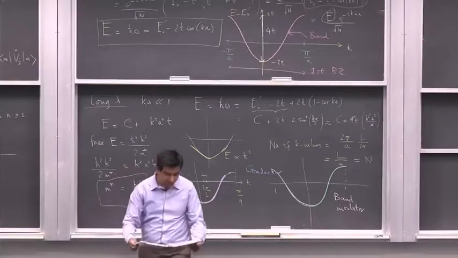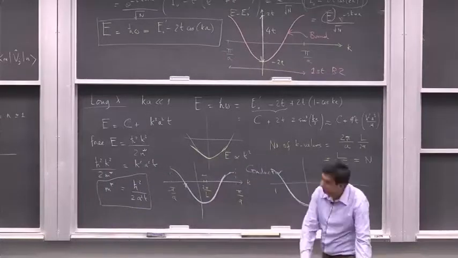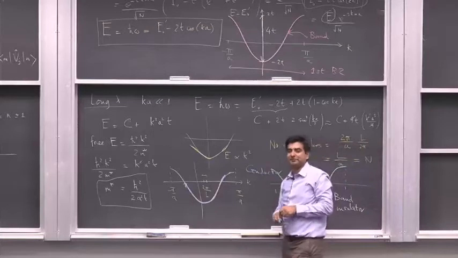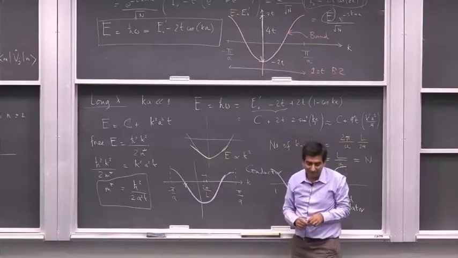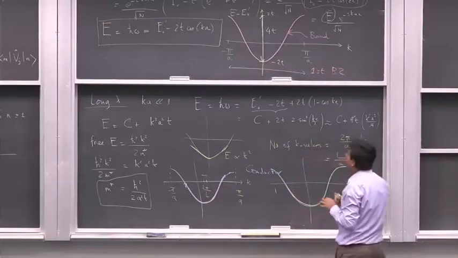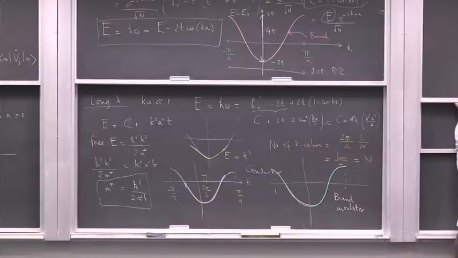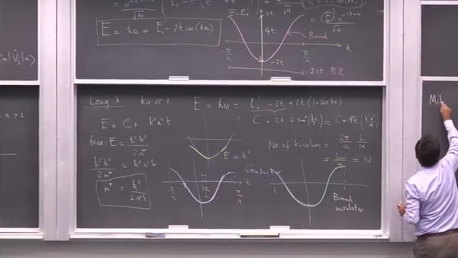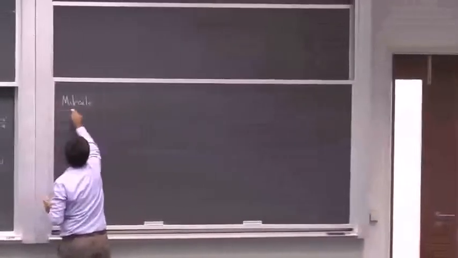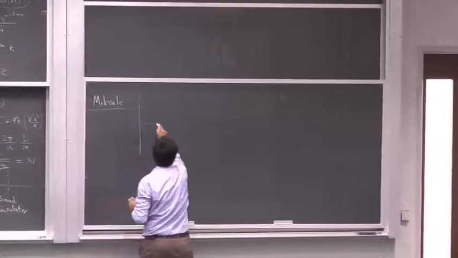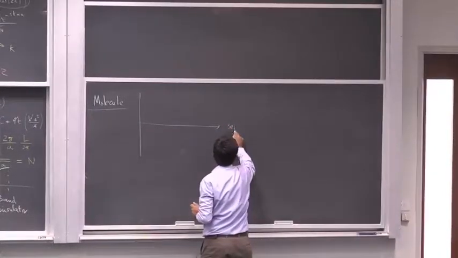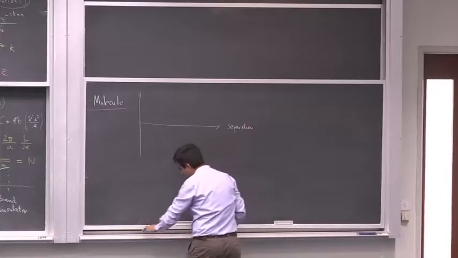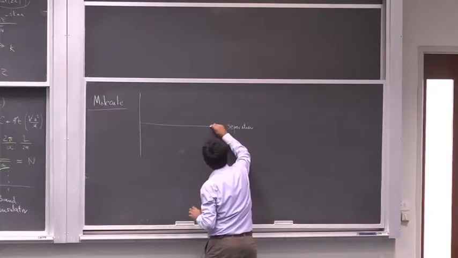Now the question is the following. This tight binding chain has given us a band. Now in the molecule, if you move back to the example of the molecule, and we saw the tight binding Hamiltonian for the molecule, if this is a separation between the nuclei, we know that far away you get the atomic orbitals.